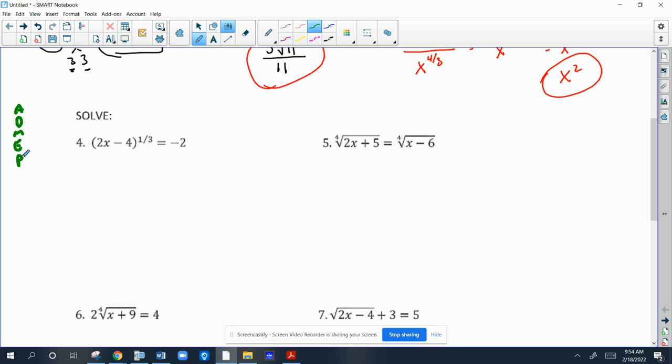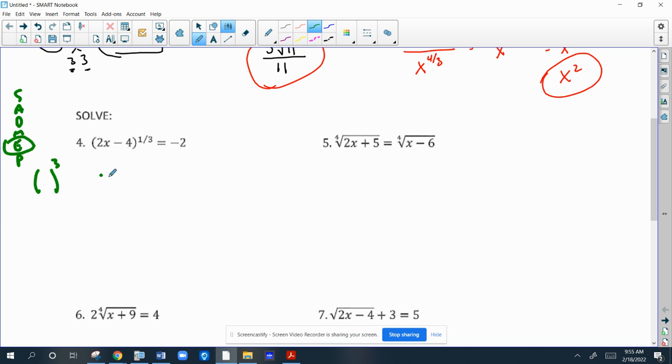Please excuse my dear Aunt Sally. There's no subtraction, addition, division, or multiplication that's not in a parenthesis. So we're doing this exponent first. And to get rid of the exponent of 1/3, you just raise both sides to the third.